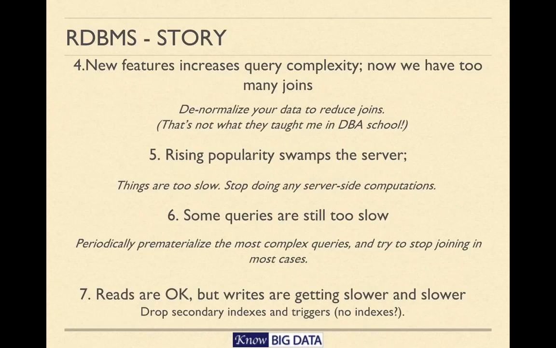For example, the first denormalization I encountered was early in my career when I was working for D. E. Shaw, where we were working on, say, a reconciler. I was supposed to join around 40 tables. It was very time consuming.